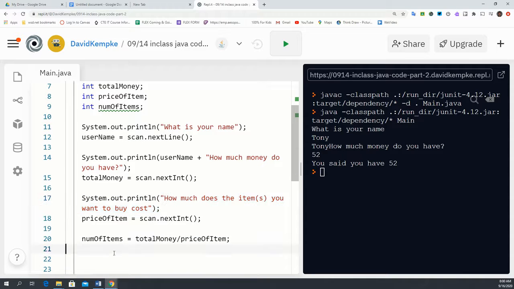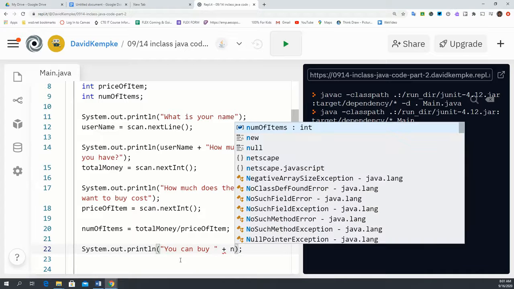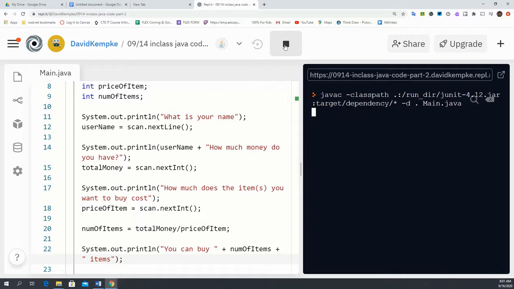So we're going to grab this line of code here, and we're going to say, you can buy, then we're going to put number of items here, do another plus, and then say items. Okay, and then let's give this a run, and let's see if our division works.